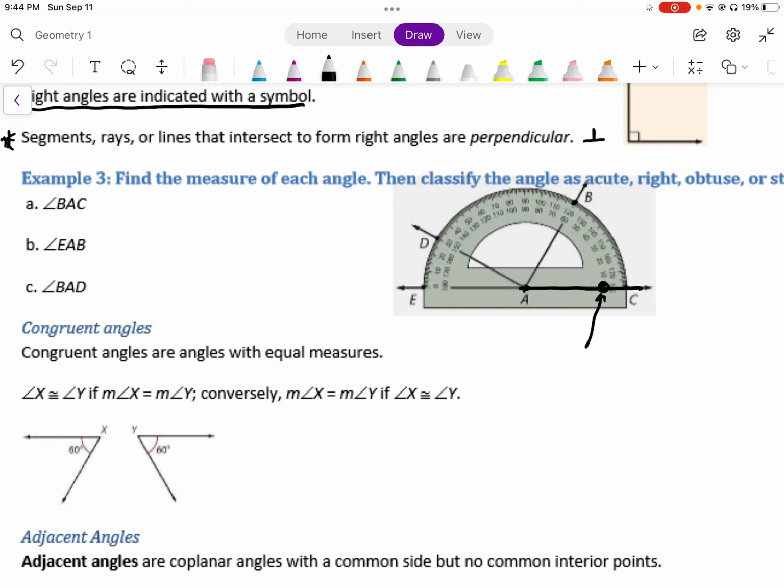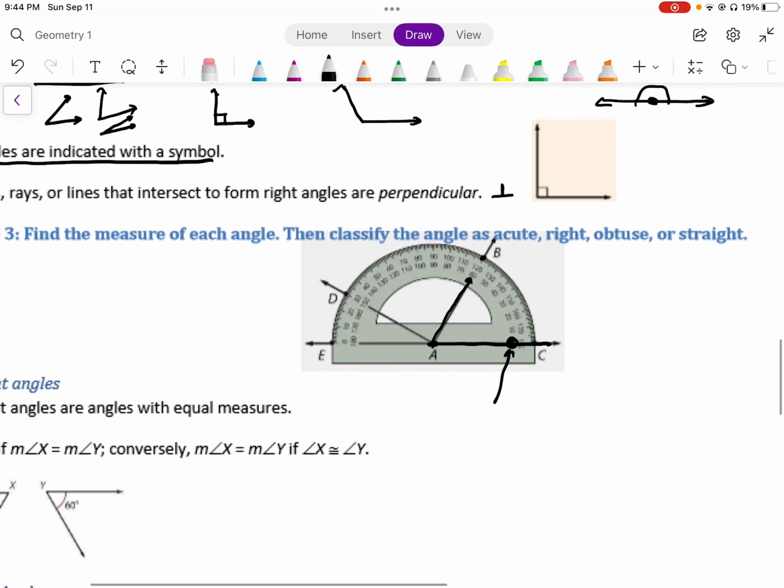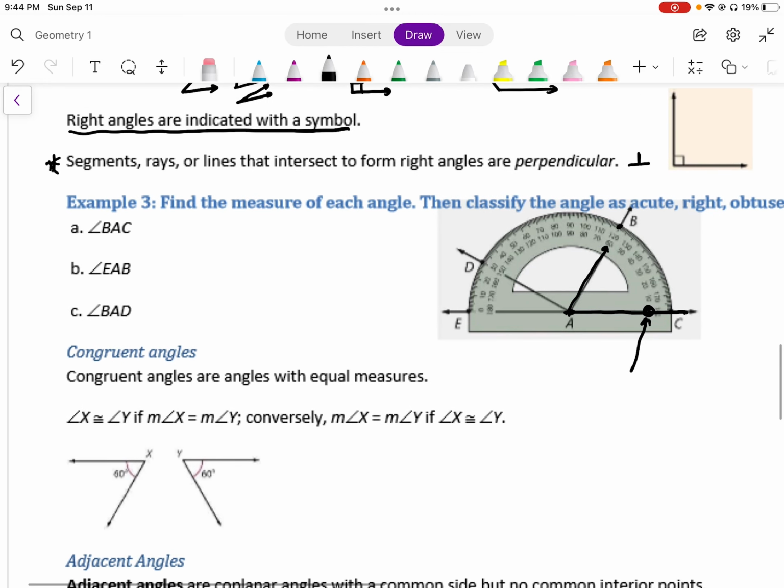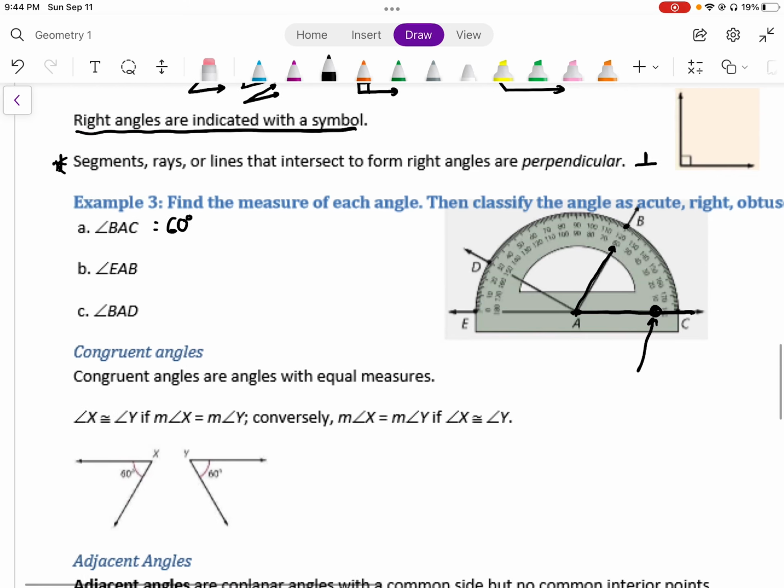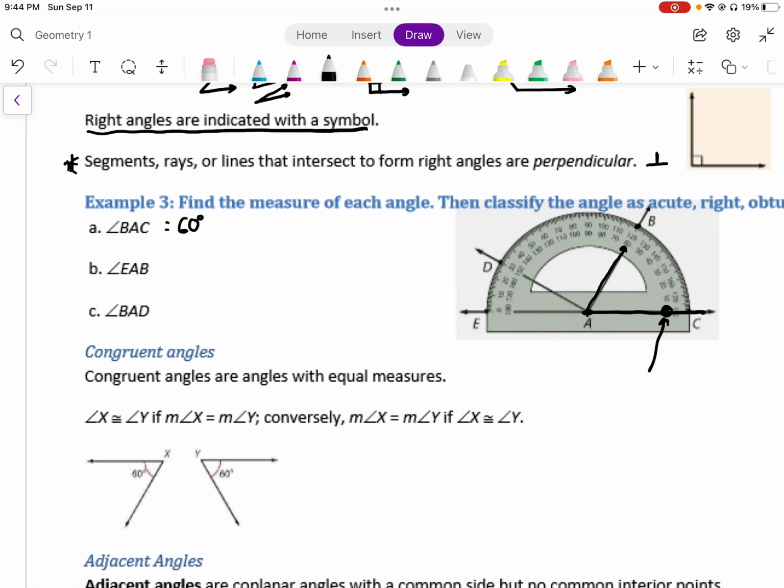So we're going to use the inner measurements. And what's this going through? Well, it's going through 60. So that is a 60-degree angle. The directions also say classify it as acute, right, obtuse, or straight. Well, it's less than 90, so it's acute. On to the next one.